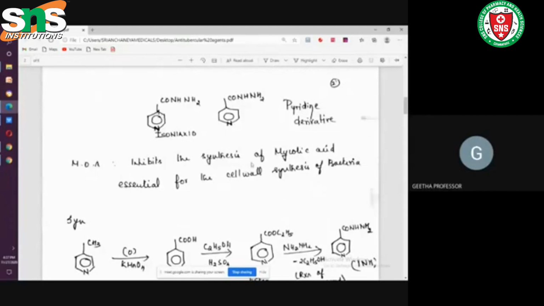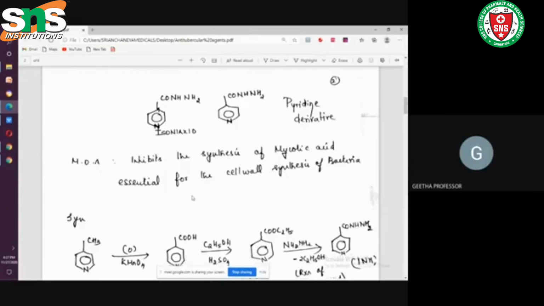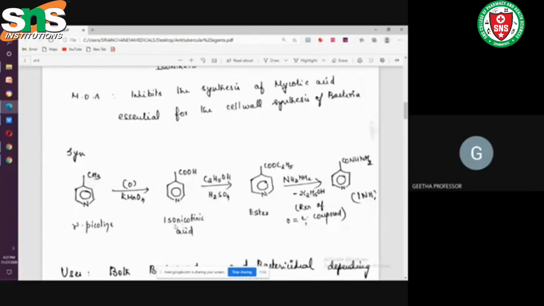Isonicotinic acid is an isomer of nicotinic acid, otherwise called pyridine 4 carboxylic acid. It is converted into an ester followed by an addition reaction, the functional group addition reaction of ketone, to get the product. We need to make some clues and practice it.